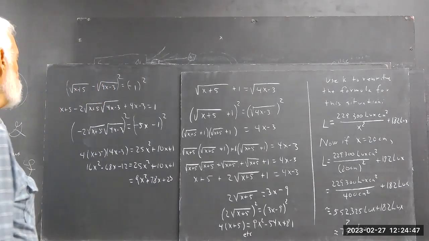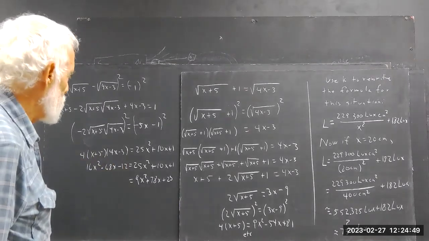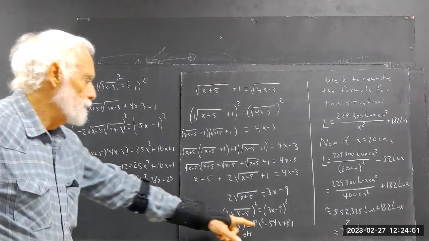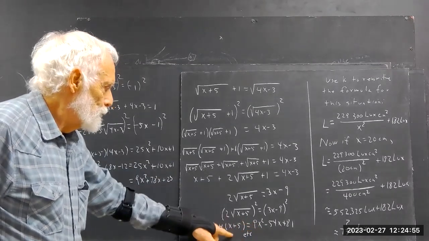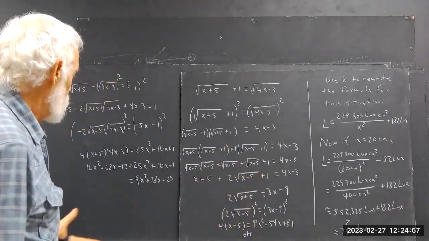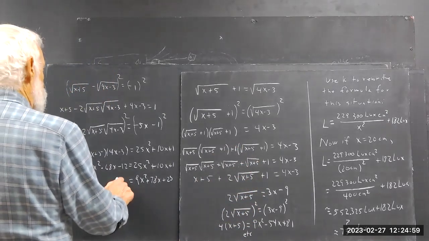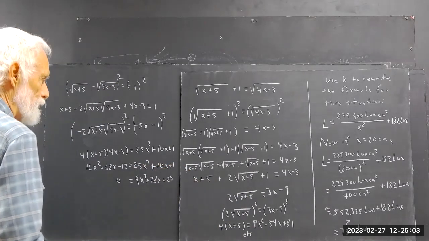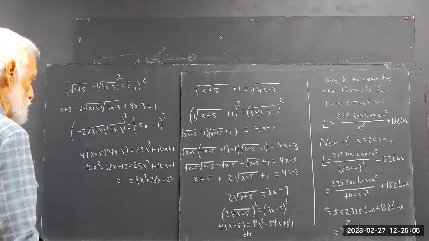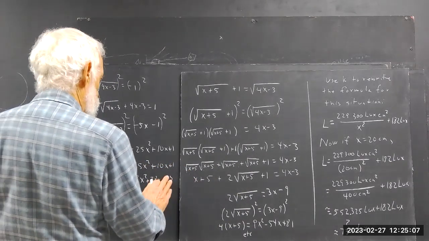Plus 23. Now, I think I probably have an error here. So this should match what you get when you put all this on one side. So what I've done is I've just added all this stuff onto this side. How do I get 25 out of 12 and 1? It's 13.